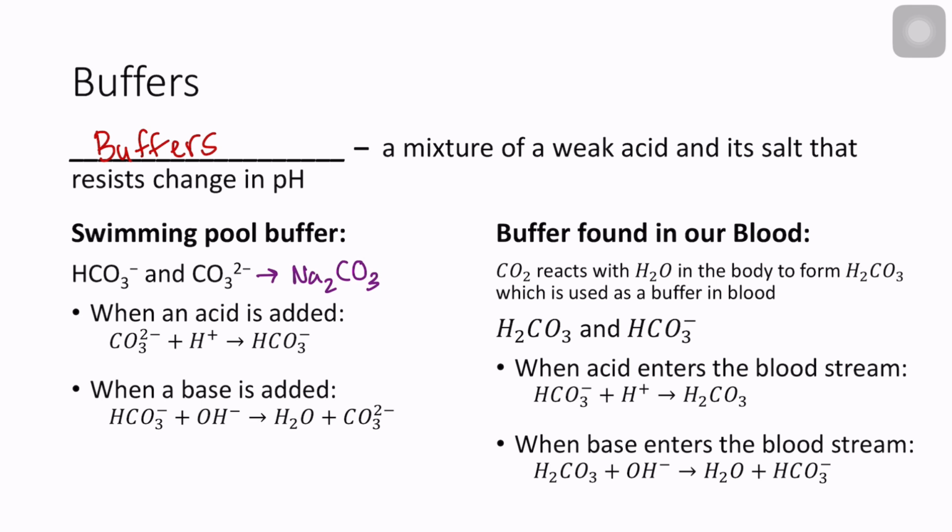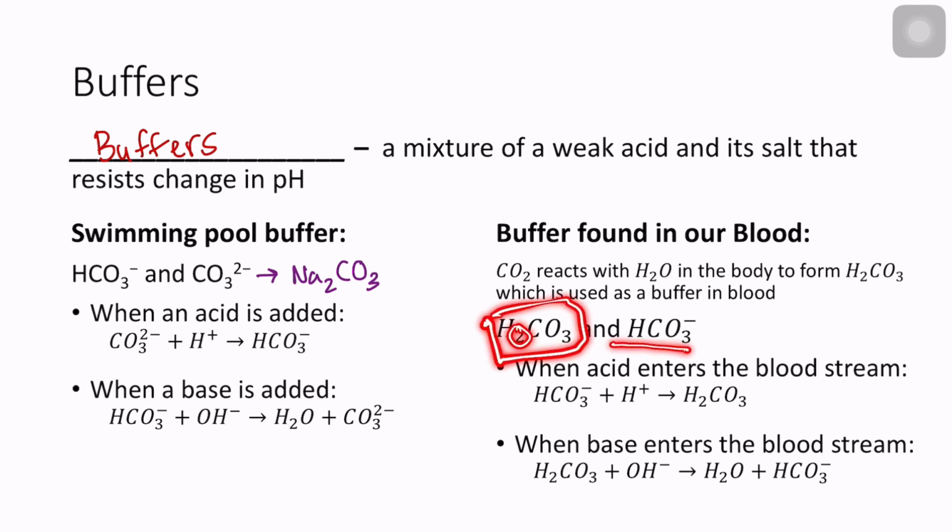And so in our blood, the carbon dioxide in our body is going to react with water and it forms carbonic acid. Well, carbonic acid is not one of the acids found on the strong acid chart. It is a weak acid. So we know that it can be used for a buffer. So if I know carbonic acid is a weak acid, then I need to figure out the salt.